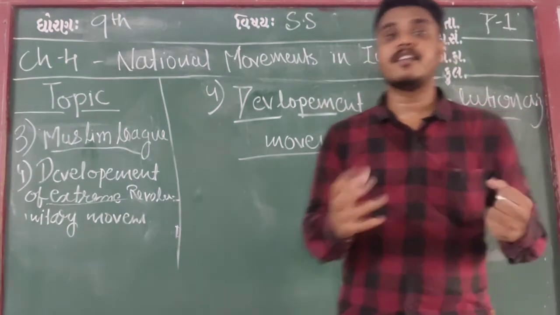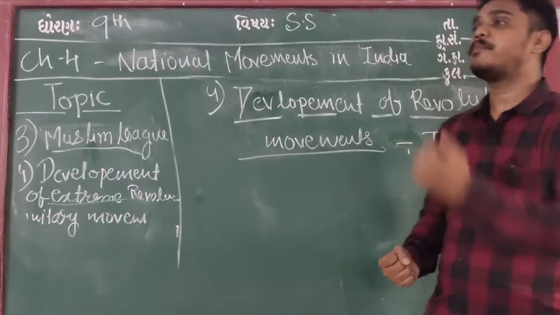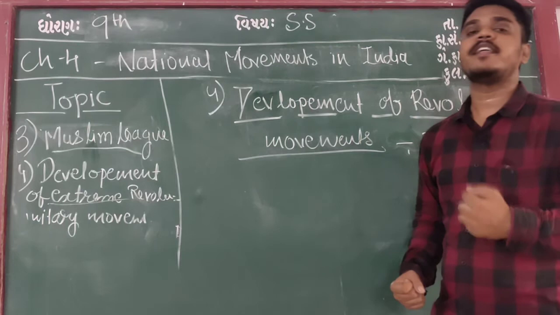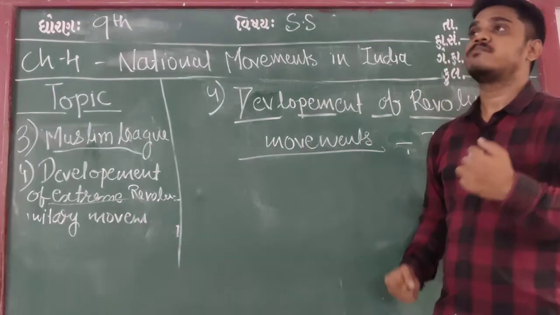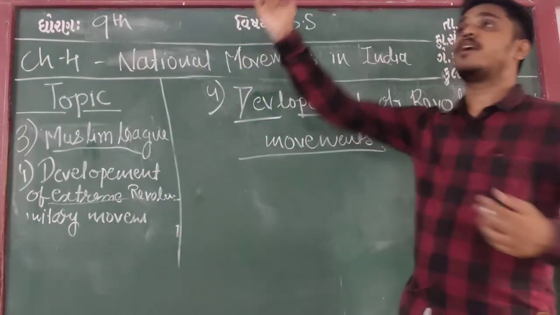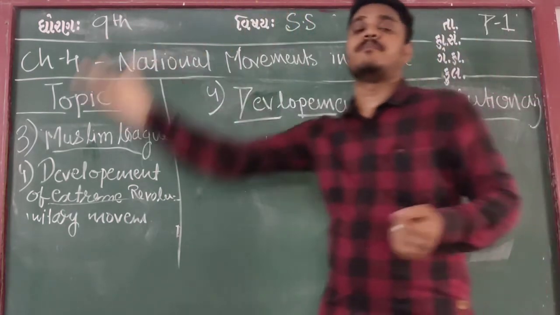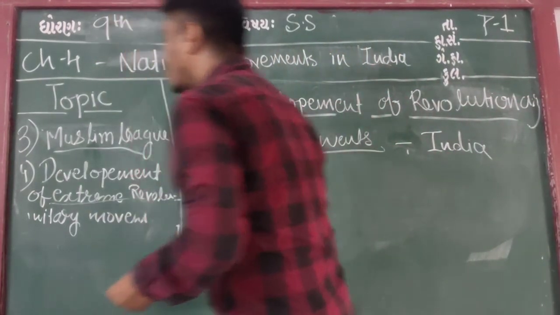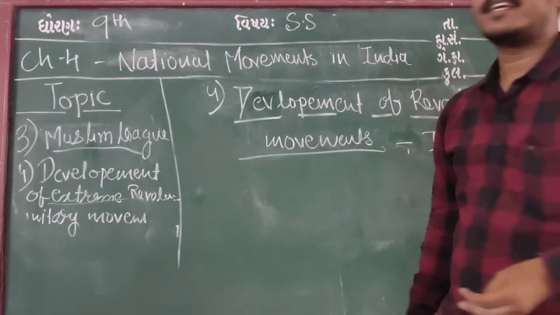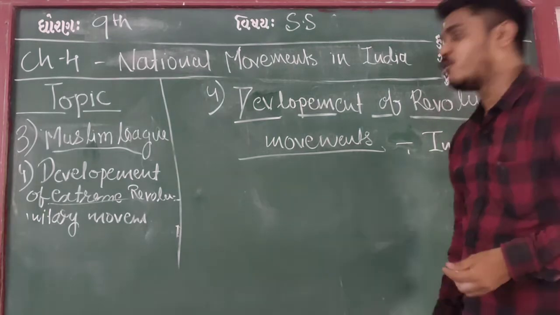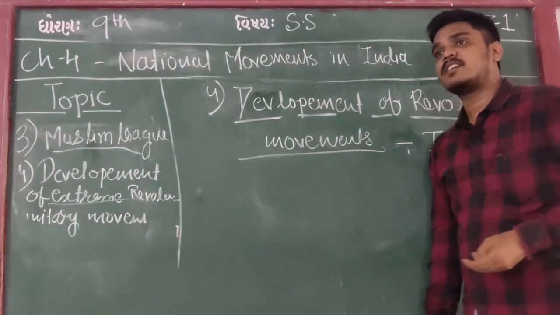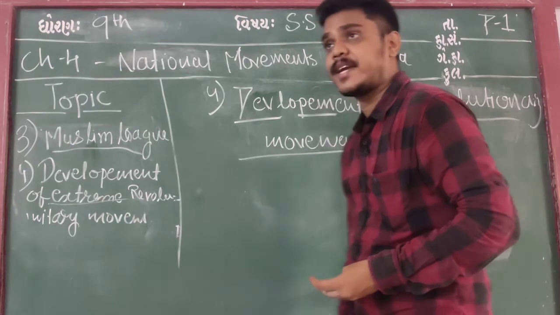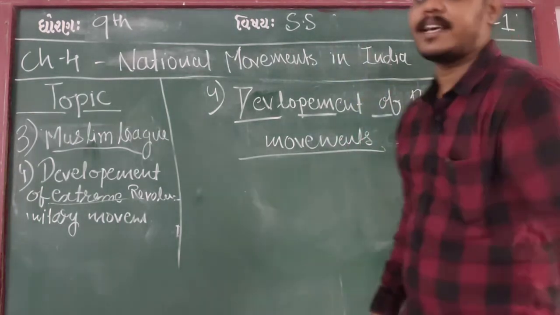They were that revolutionary, that young blood who wanted India to take a breath in freedom. So they started a revolutionary movement against the British to get freedom after 1857.